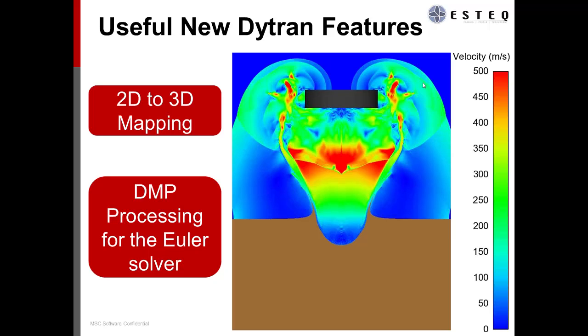So that was a really significant improvement that was introduced recently into Dytran. And the second thing is DMP, or distributed memory parallel processing, for the Euler solver. That can give you very significant speed-ups for solving these complex models.